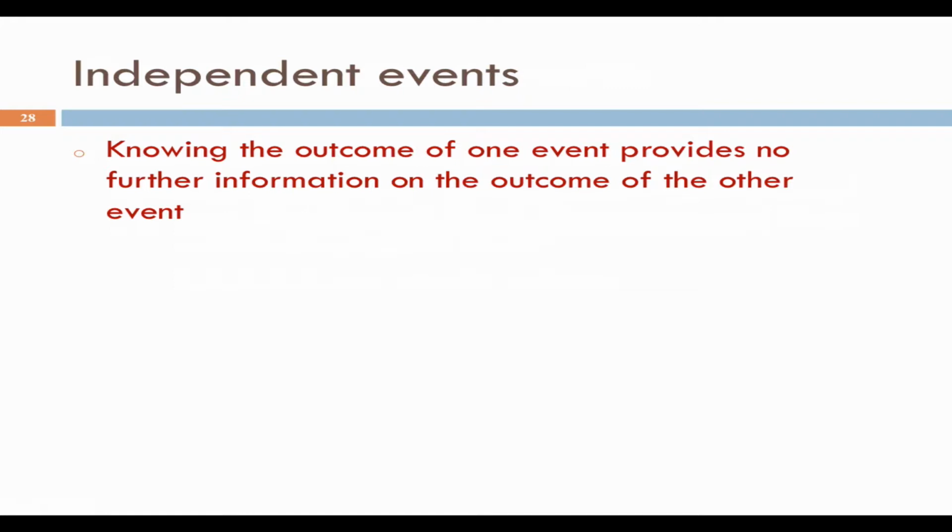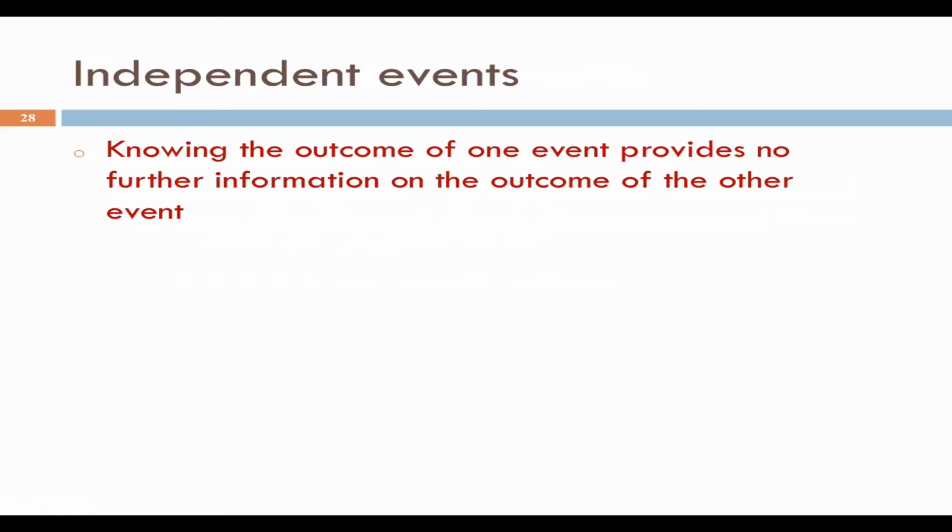And that goes to your question: what is the relationship between mutually exclusive and independent? When we introduce that, we need to introduce the concept of independent events. This is probably one of the most important concepts in statistics.